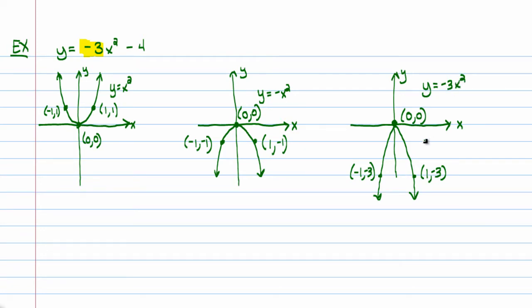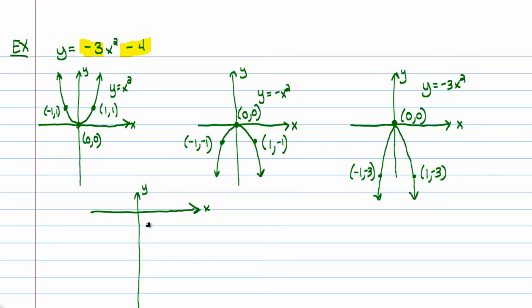The last step here is to subtract 4. So I'm going to subtract 4, just again reading from left to right. This time I have to be careful of how I graph this, so I'm going to get my x-axis pretty far up here, because I know that I'm going to be moving this graph down. By that last theorem, the graph of y equals negative 3x squared minus 4 will look like this last graph here, but it's down 4 steps.